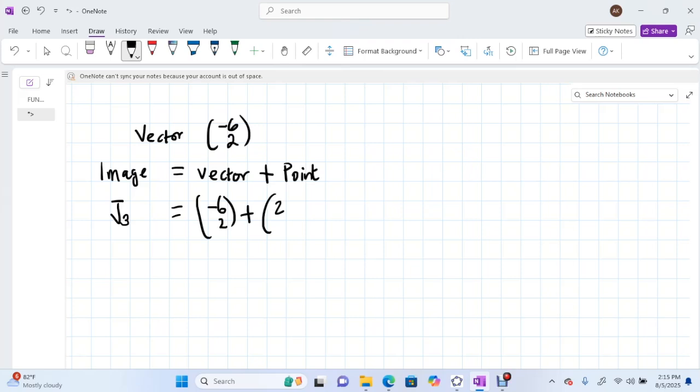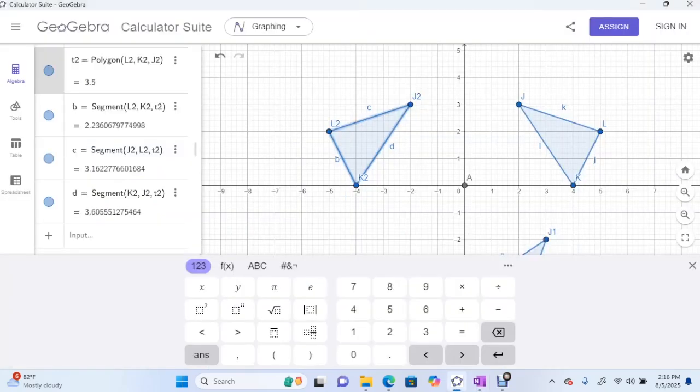So plus 2, 3. And then we do this. You add the top, which becomes -6 plus 2, -4, and then 2 plus 3, which is 5. So this becomes the image of J, which will be J3. So we go to our graph, and then we plot, what was it?